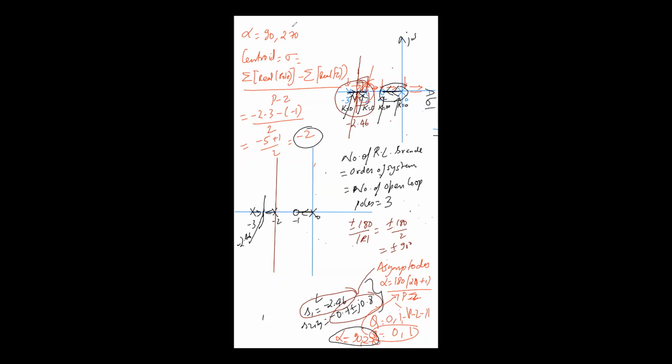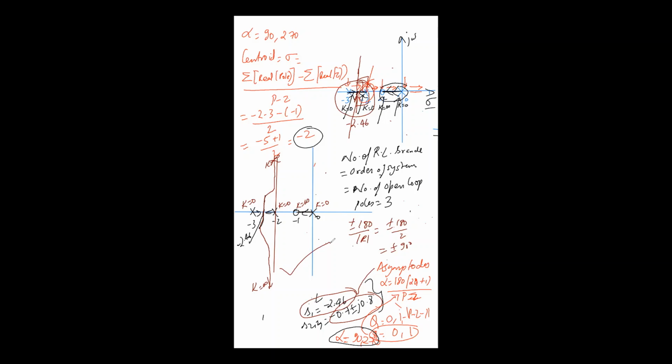One branch which is leaving like this will ultimately follow the asymptote and will terminate at infinity. Another branch which is leaving like this will also follow my asymptote and terminate at infinity. So k is equal to infinity here and k is equal to infinity here. So this is how my total root locus will look. This is k equal to 0, k equal to 0. At an open loop pole, the value of k is 0, and this is infinity. So this is my complete root locus of the given open loop transfer function.